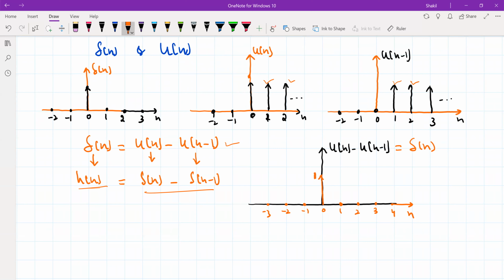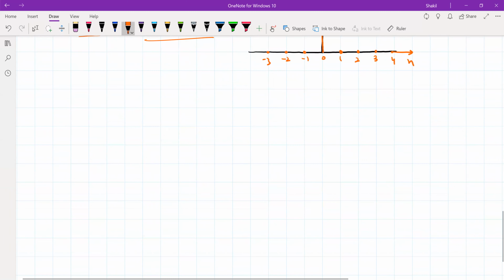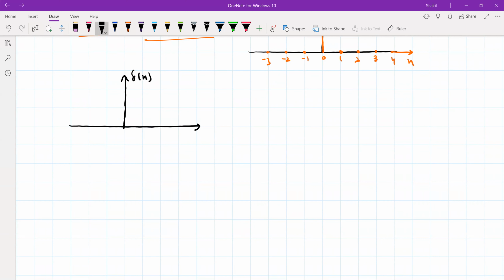Now, how do you express u of n in terms of delta n? See, let us do that relationship. First, let's draw delta n. So this is our delta n. Rest of the samples will be 0.